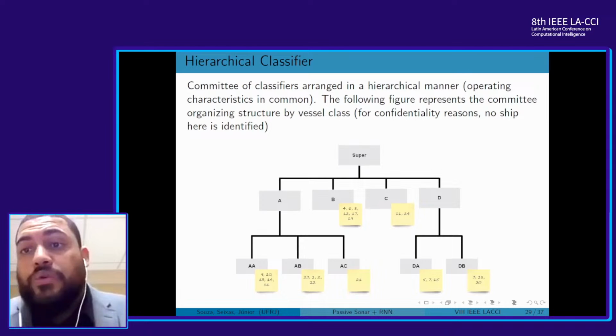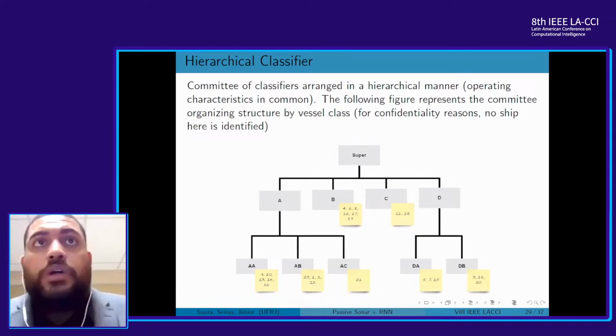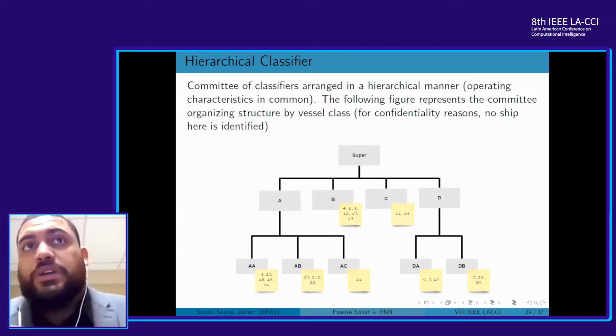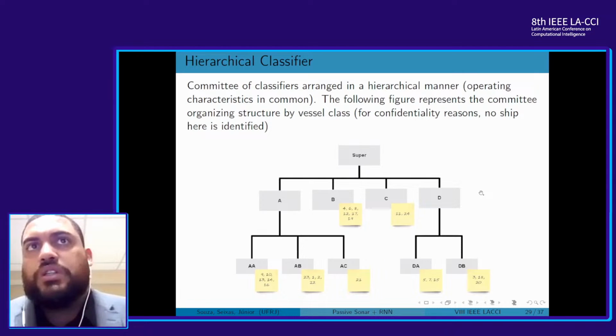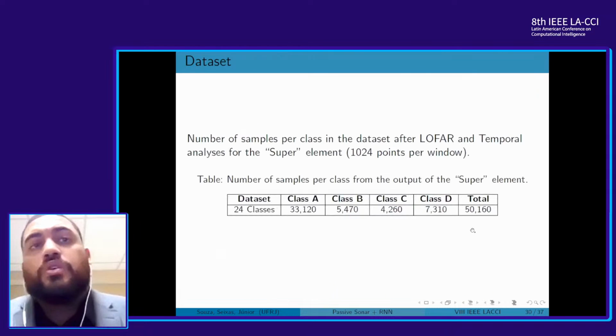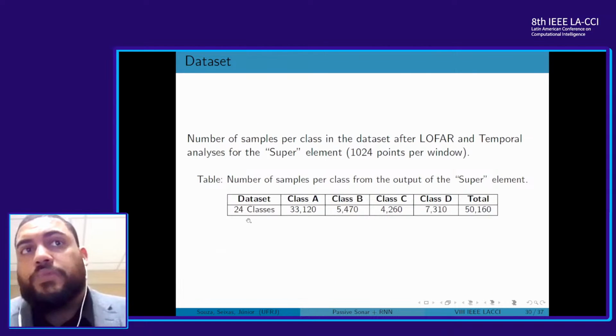But we are not able to give you the information of these classes because there is a huge confidentiality here, as it is classified data from the Brazilian Navy. We shouldn't even give some label of this.